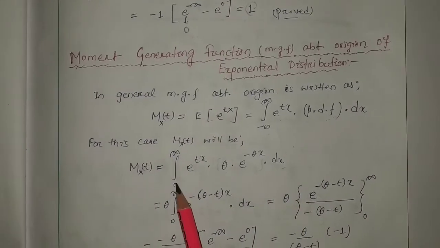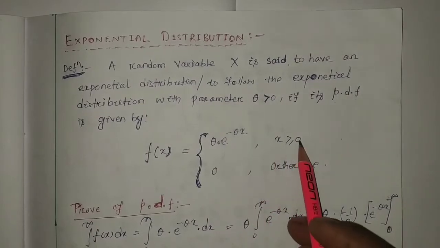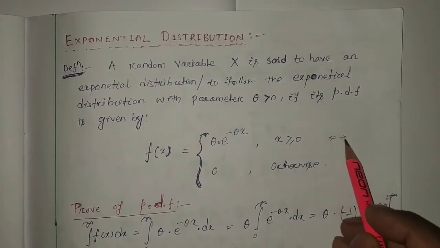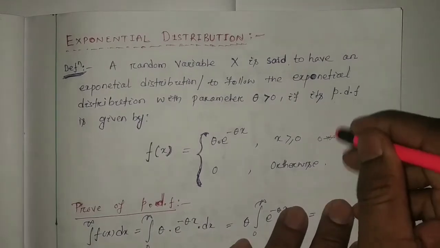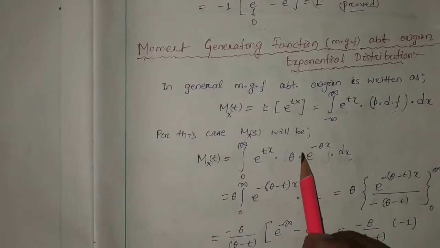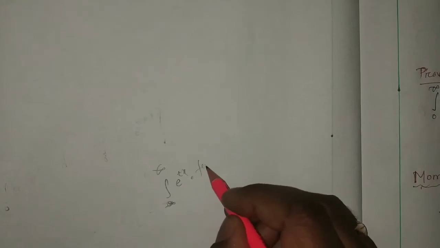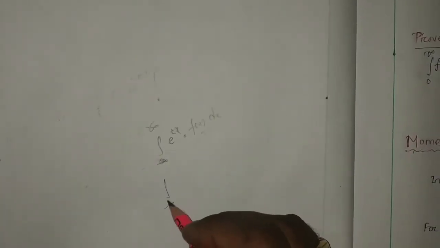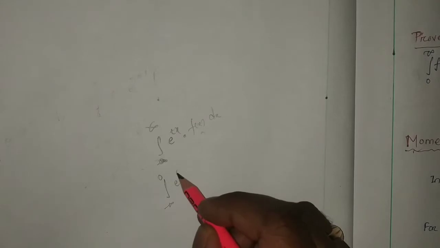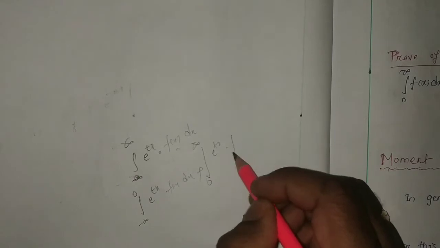Why 0 to infinity? Because the PDF exists from 0 onwards, and below 0 the PDF does not exist. Here I have not written one step: the integral from minus infinity to infinity of e to the power tx f(x) dx is the integral from minus infinity to 0 of e to the power tx f(x) dx plus the integral from 0 to infinity of e to the power tx f(x) dx.